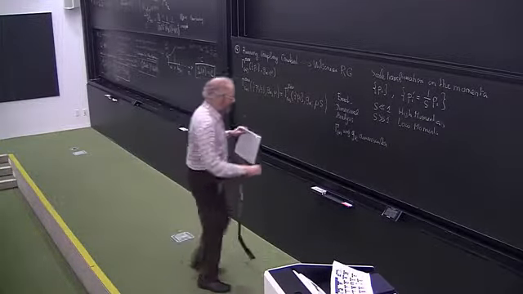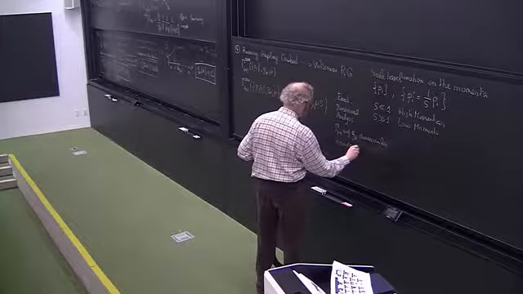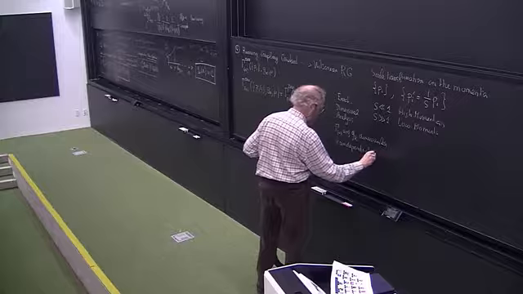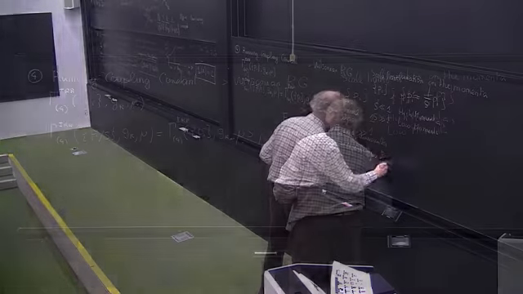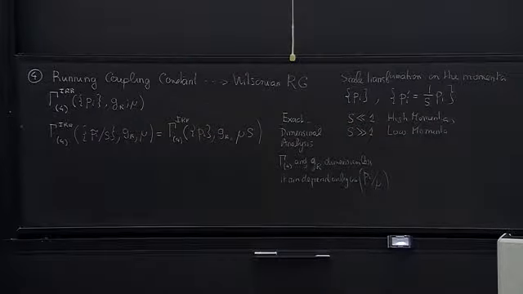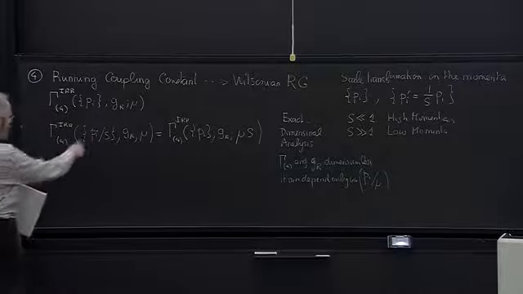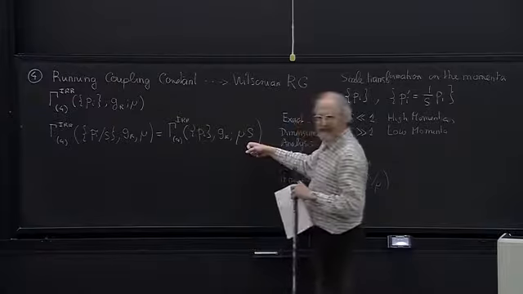So it can depend only on the ratio of pi's divided by mu, which is a dimensionless quantity. So rescaling the pi by a factor 1 over s is the same thing as rescaling mu by s.